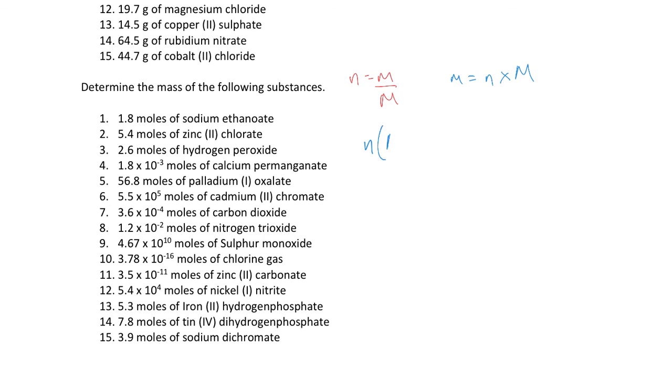The mass of sodium ethanoate is equal to 1.8, which is the number of moles, times its molar mass, which happens to be 22.99 plus 12.01 plus 3 times 1.008 plus 12.01 plus 2 times 16, which is 82 and a bit.